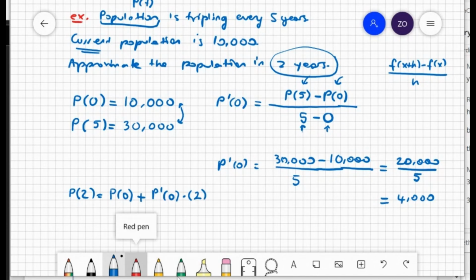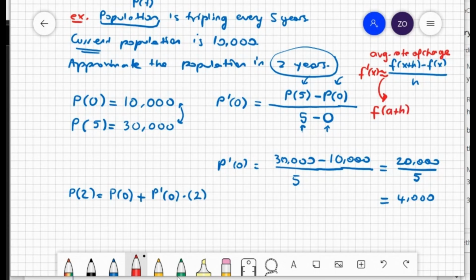Okay, so let me just show you here. So this is the average rate of change, which corresponds to the derivative approximately, right? And we had said that if we want to find the value at a later time, at a different x value, we can make use of the current value, plus the derivative of the function at a, times h.